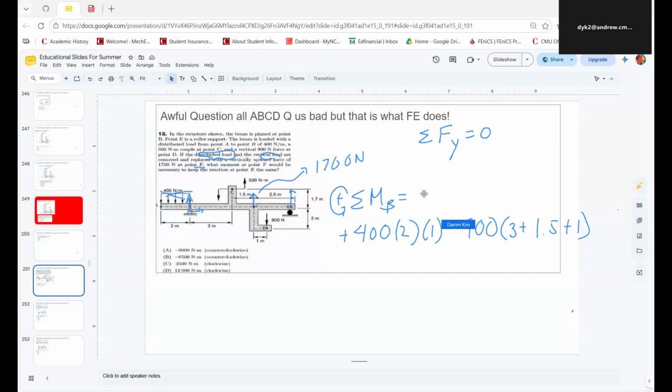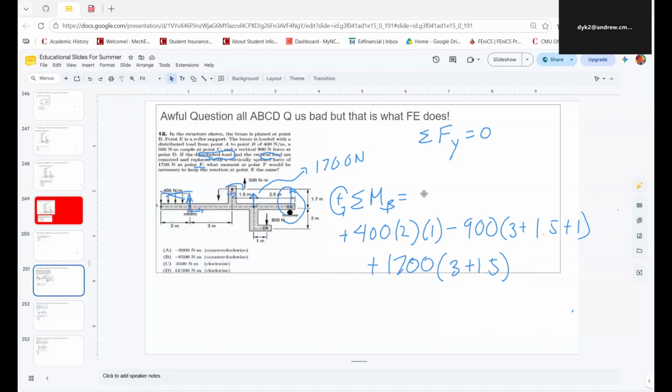Next, we have to do a force on the 7,000, so it's going to be plus 17,000 multiplied by 3 plus 1.5. And that is all. Am I forgetting something? No. And you might be asking, hey, there is 15,000 over here, and there's a moment over here. Why are we excluding those things?